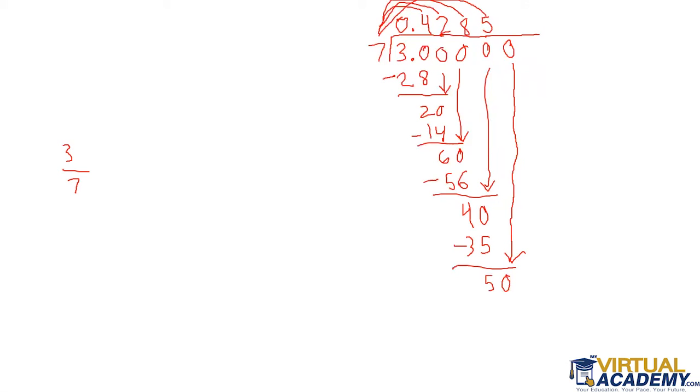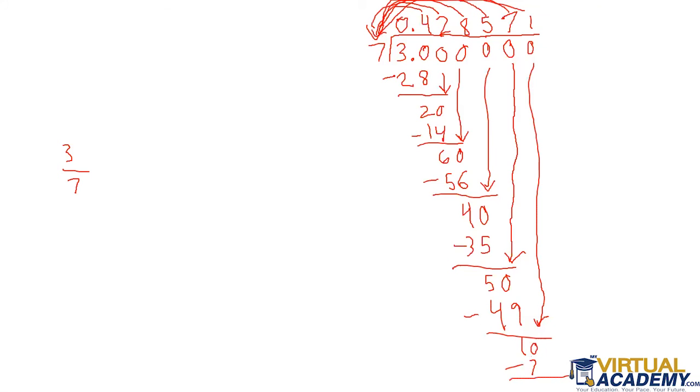No, sorry, 7 goes into 50 7 times. 7 times 7 is 49. Get 1. Create a 0, bring it down. 7 goes into 10 1 time. 1 times 7 is 7. And we get 3, right?